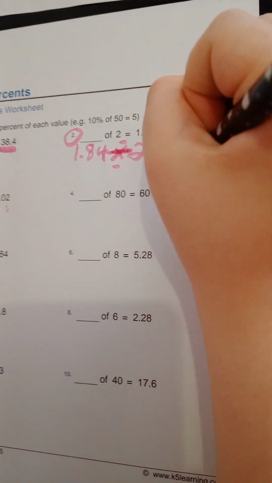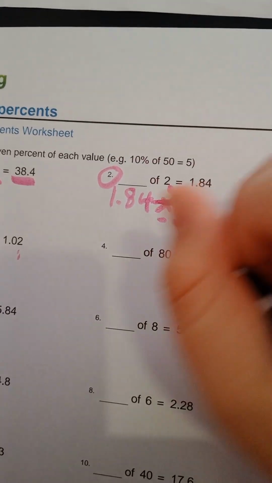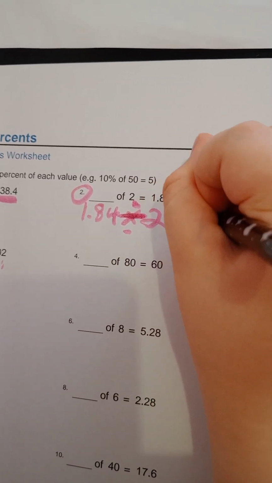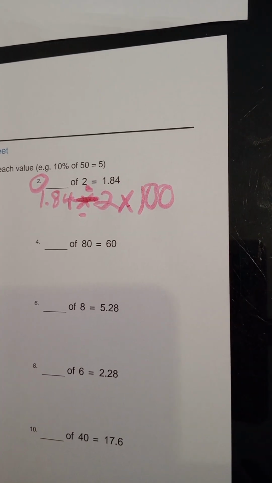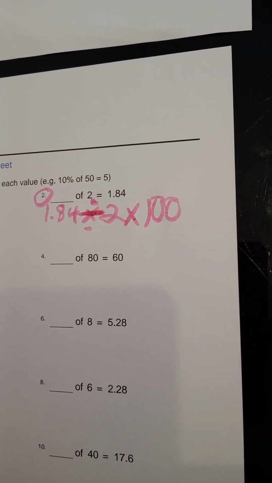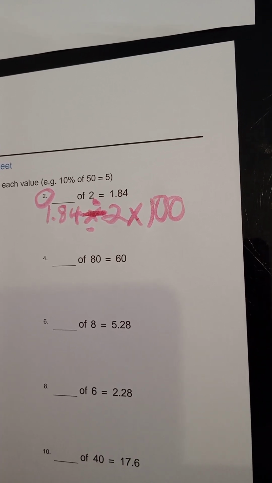That's meant to be divided, that's the divided sign, okay? Not times. Times 100. We times it by 100 because if we don't, we won't get the correct answer. So 1.84 divided by 2 times 100 is 92.